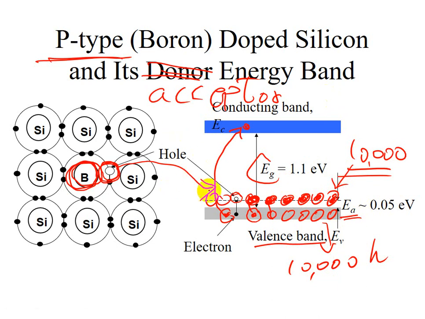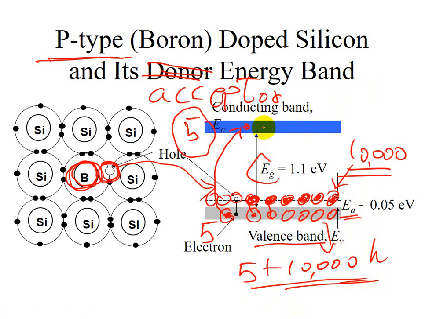Again, you might have electrons jumping from valence band to conducting band due to the intrinsic semiconductor properties. Let's again say there are 5 electrons jumping to the conducting band. So you are going to have 5 plus 10,000 holes as the primary charge carrier contributing the conductivity, and you get an extra 5 electrons at the conducting band.